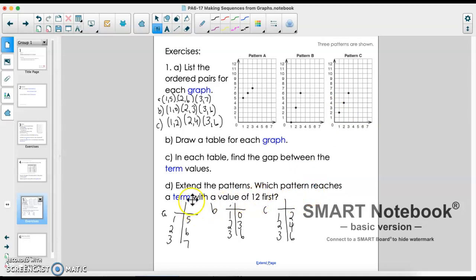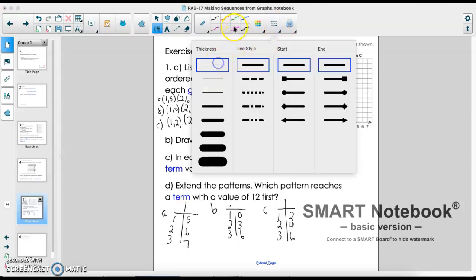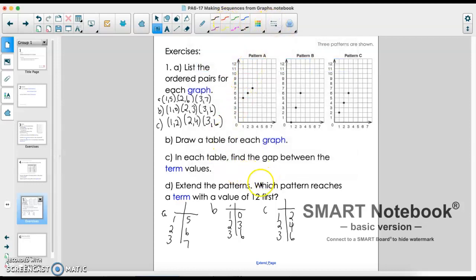So if we know that's the gap, I'm just going to change my color for a quick sec and get back to my line thickness. It says, which pattern reaches the term value of 12 first?